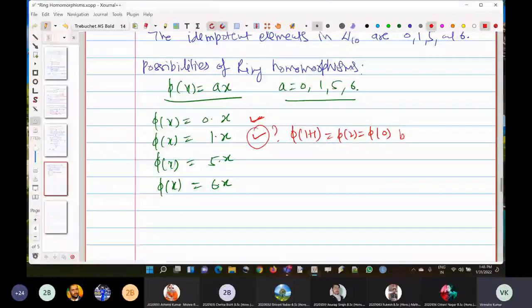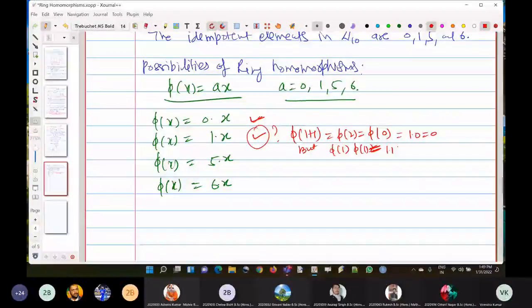By definition this is equal to 1 times 0, which equals 0. But phi of 1 plus phi of 1 is 1 times 1 plus 1 times 1.